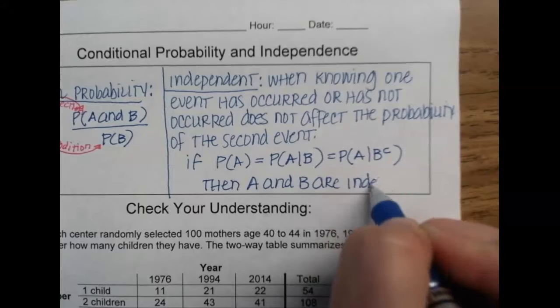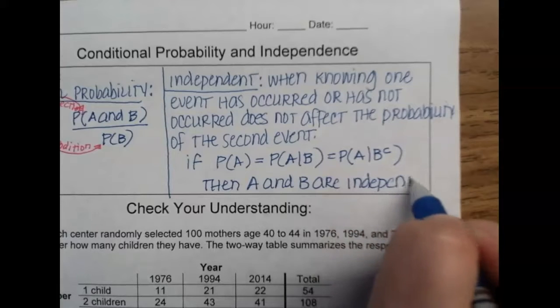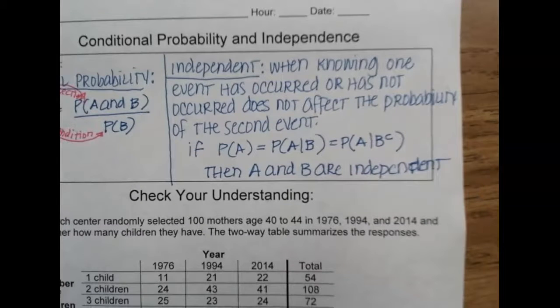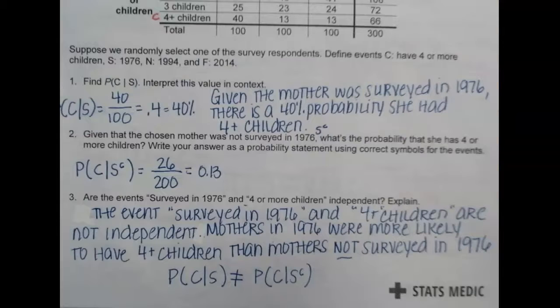All right, what I'd like you to do, I want you to stop the video, and try the check your understanding all on your own, and come back and check your answers. All right, so the Pew Research Center randomly selected 100 mothers ages 40 to 44 in 1976, 1994, and 2014, and asked each mother how many children they have.